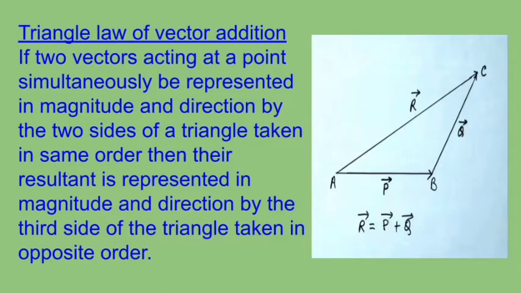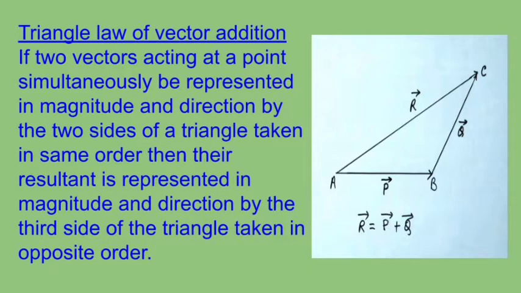If two vectors acting at a point simultaneously are represented in magnitude and direction by the two sides of a triangle taken in the same order, then their resultant is represented in magnitude and direction by the third side of the triangle taken in opposite order.